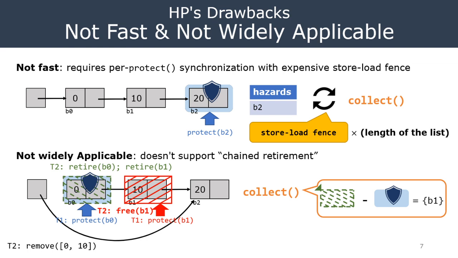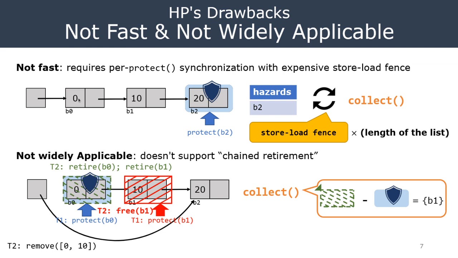And this example that I call a chain retirement happens many times in real-world concurrent data structures. As a result, the applicability of hazard pointers is significantly limited, and it can be applied to only a few simple algorithms.